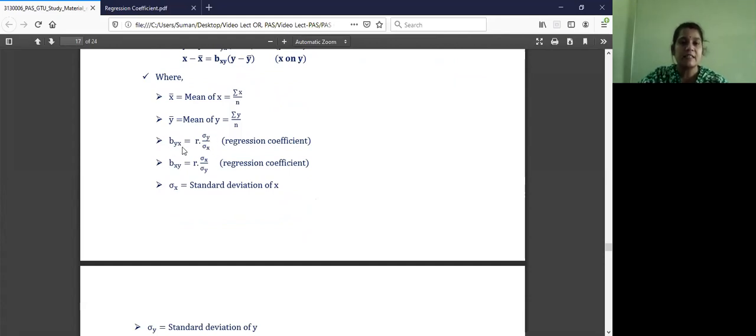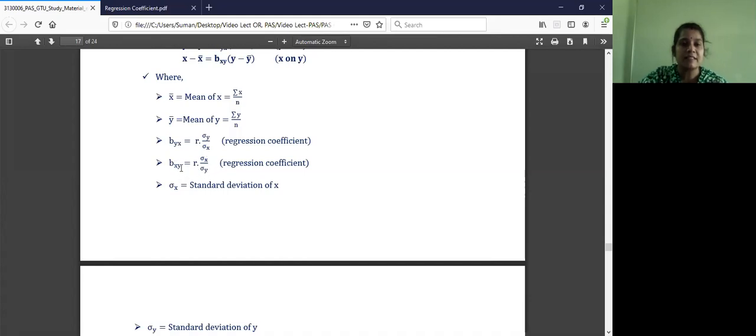Look carefully here: we write y on x, the suffix is yx. So first we write y, after that we write x. Here x is the last one, so in the denominator we write sigma x. Again, bxy formula is r dot sigma x upon sigma y.